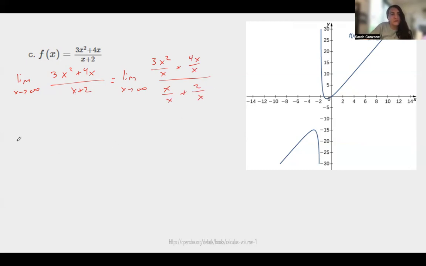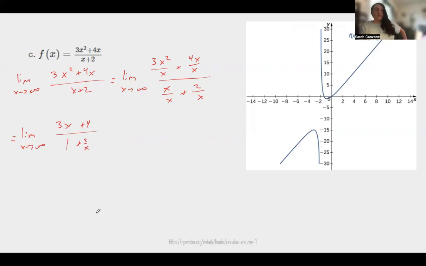Divided everything by x, and then I'm going to simplify. Keep my limit. 3x squared over x is going to give me 3x. Here my x's cancel out, so this is plus 4. This becomes 1, and then this stays as plus 2 over x.